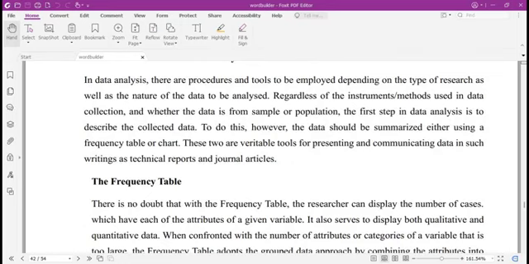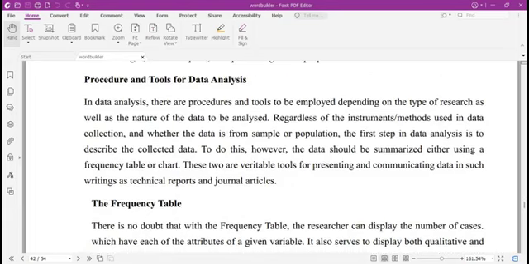The frequency table. There is no doubt. Okay, let's put it down first.